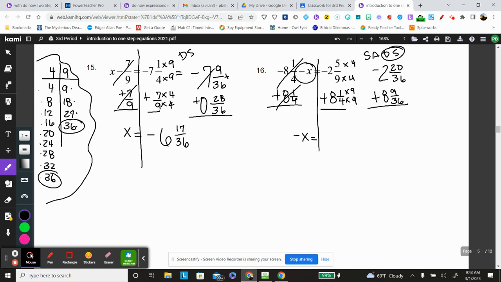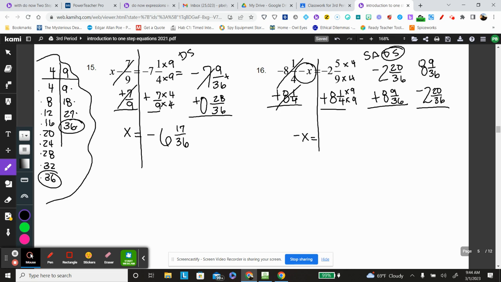All right, guys. Heads up. So I need to subtract, but I've got a problem because my 8 is on the bottom when it should be on the top. So let's rewrite this as 8 and 9 over 36 minus 2 and 20 over 36. Oh my goodness, I've got another problem.